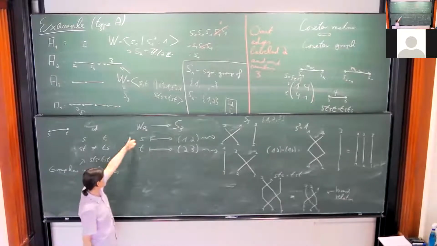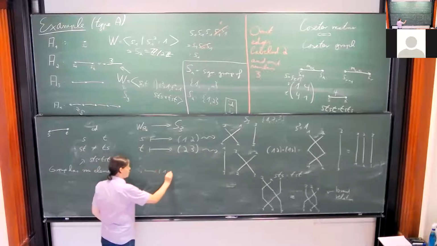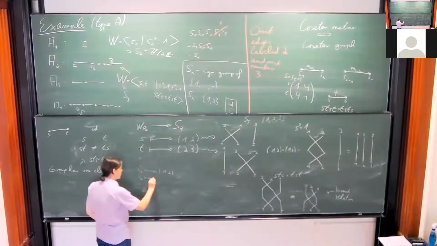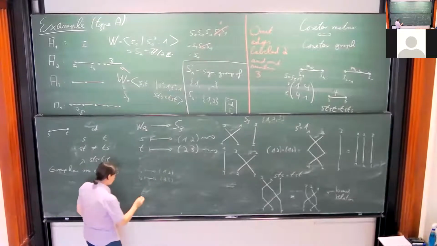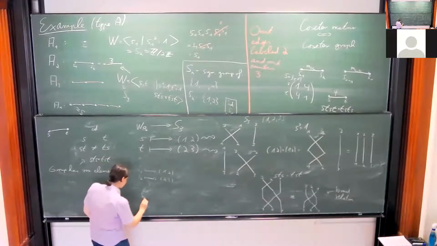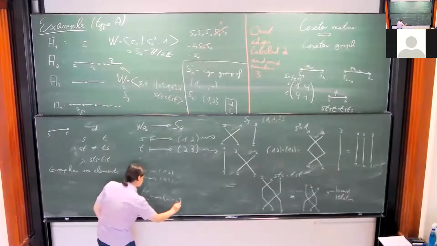In general, I will send S1 to the simple transposition (1 2), S2 to the simple transposition (2 3), and so on, up to S n minus 1 to the simple transposition (n minus 1, n).